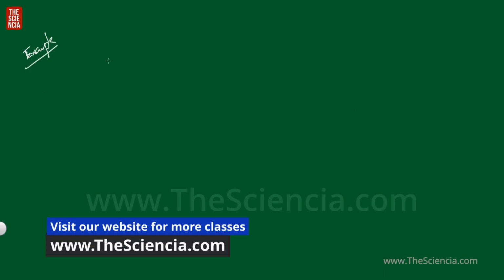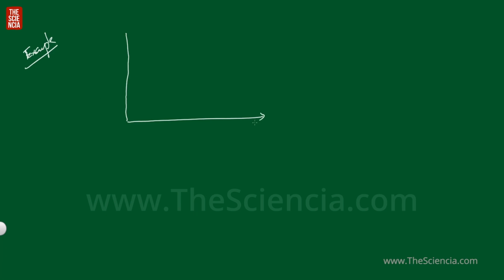Another example problem. Here two masses. These are the two masses and are connected by a rigid rod. And these masses can move only along this axis.